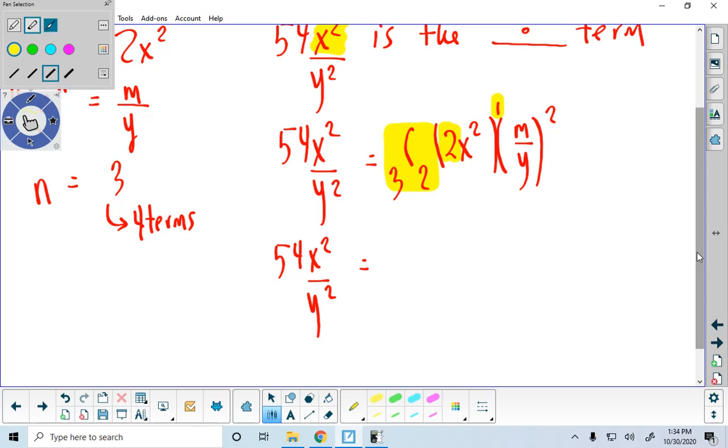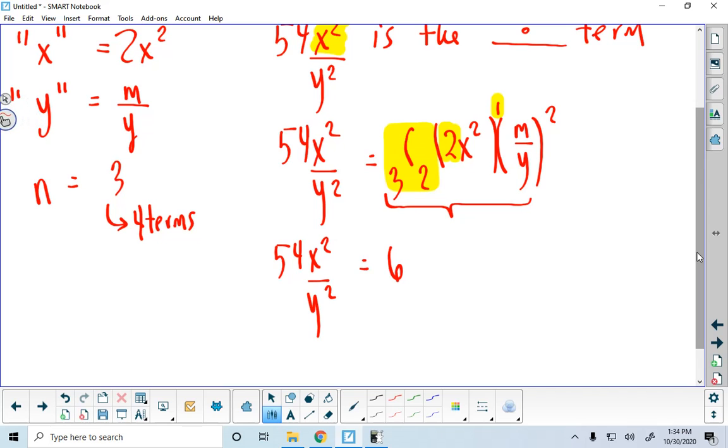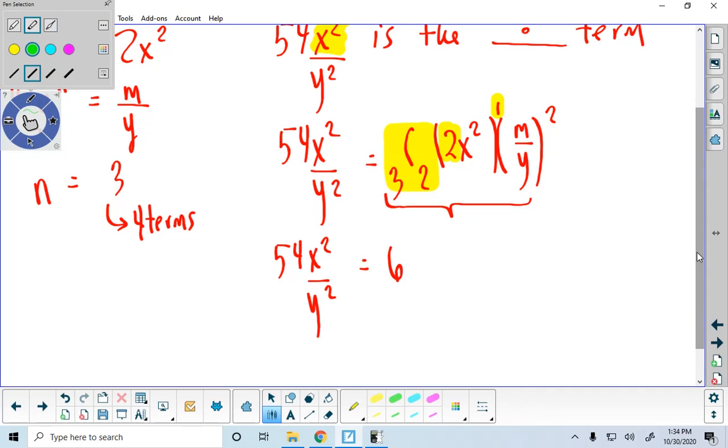So my constants give me 6. Well, that's not entirely true because I also have for my constants, and this is the heart of the problem, I also have m squared. So I need to include the m squared in what I write as well.